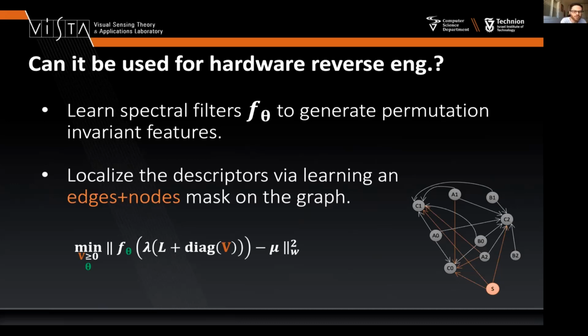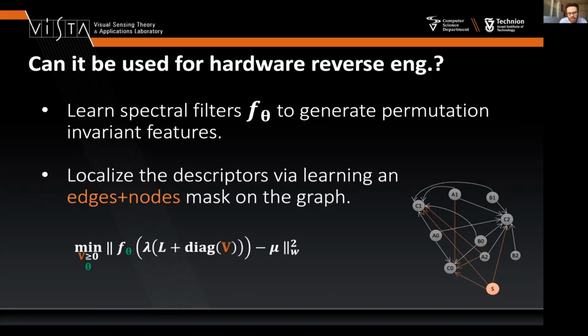It doesn't have to be that I'm trying to align the two spectra of these two operators. I can learn some spectral filter, and then I should have applied this F also to mu, not only to the first part. The idea is to both learn this potential V that will mask the part of the graph that I'm looking for, and to learn the spectral descriptor such that this part will look as similar as possible to one of the modules that I have in my library.